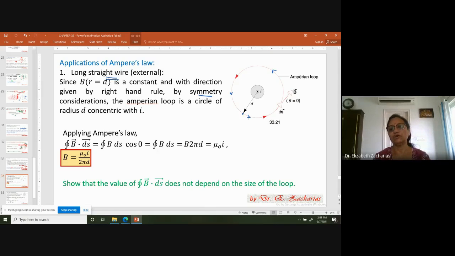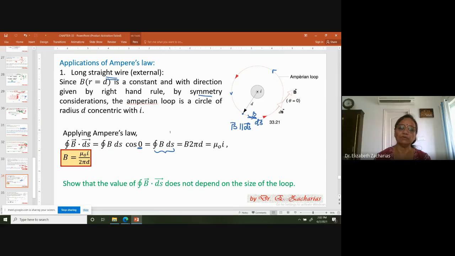So what you do is, you take your B vector here, and also look at the ds vector. You find that the B vector and ds vector will be parallel to each other. So now let us do integral B dot ds. Integral B dot ds will be B ds cos 0, cos 0 because they are parallel. Cos 0 is 1. And then B is going to have the same value for the entire circle. At every point on the circle, B is going to have the same value.